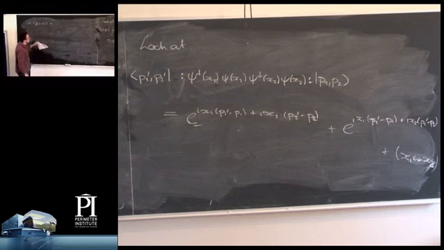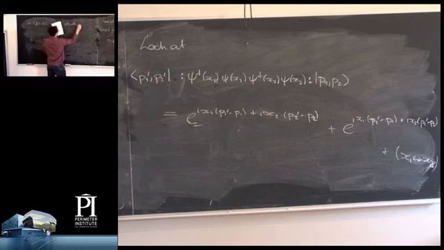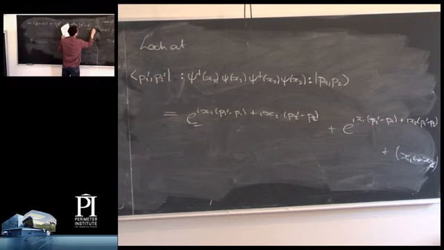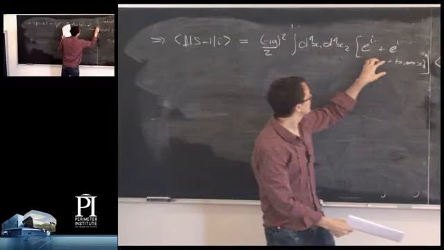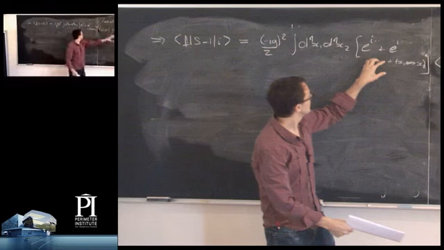So plugging all this in, if we compute the amplitude for this initial state to go to the final state at order g squared, what we get is minus i g squared over 2 times the integral over d4x of all of these exponentials, plus the x1 minus x2 terms, times the propagator.